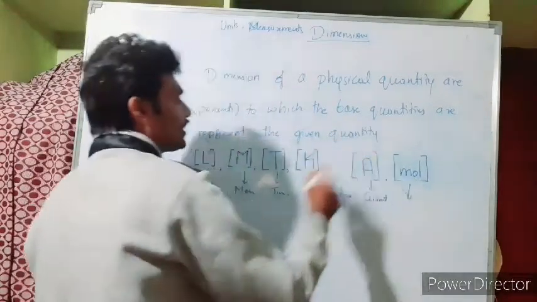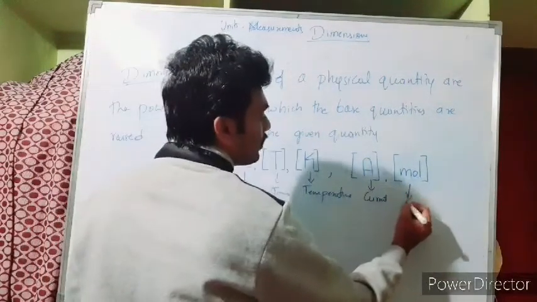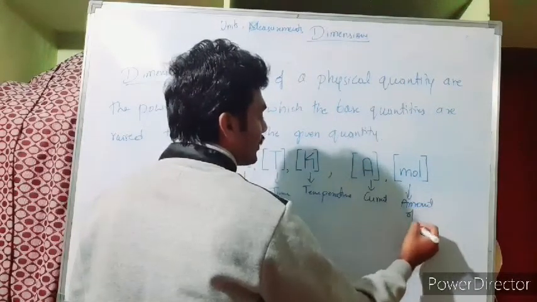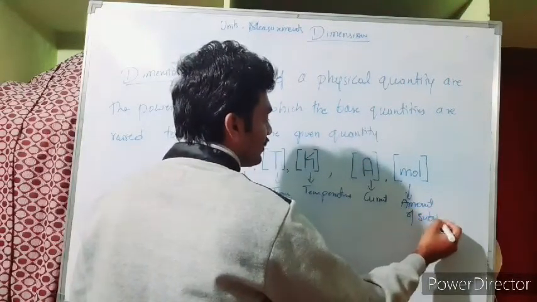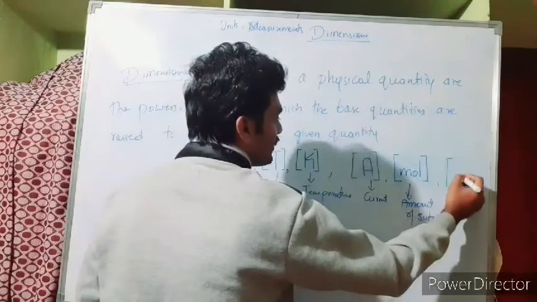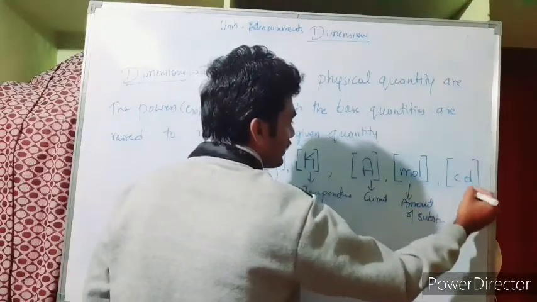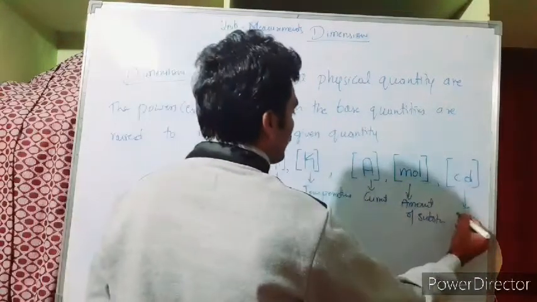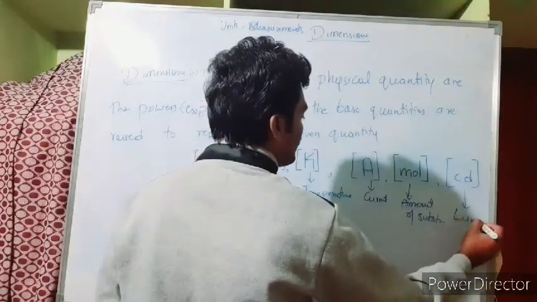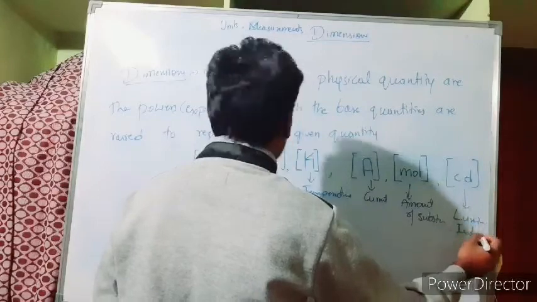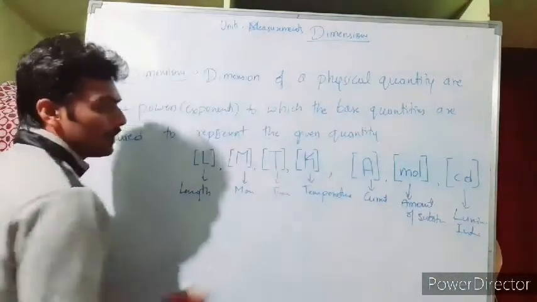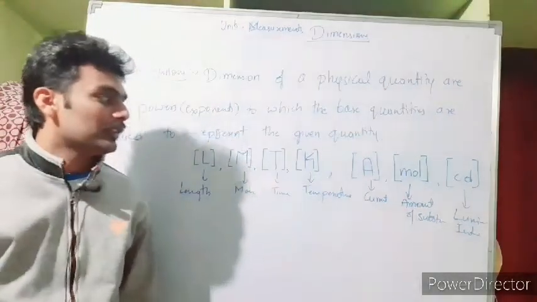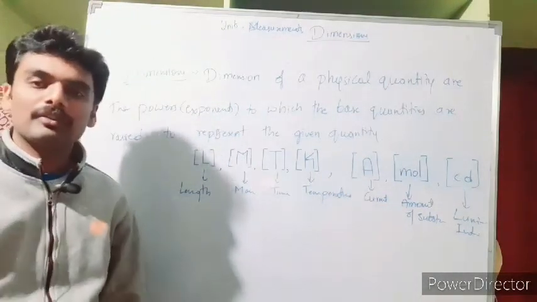Ampere is the unit, that's why capital A. And mole for amount of substance, and CD with small d in square bracket is the dimension of luminous intensity. Okay, so these are the fundamental quantities: length, mass, time, temperature, amount of substance, current, and luminous intensity.